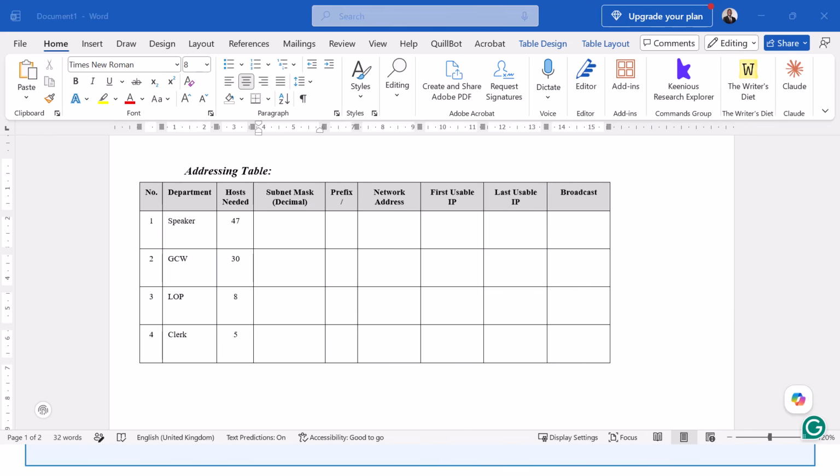The next thing we are going to do is to understand these particular networks and where they belong.